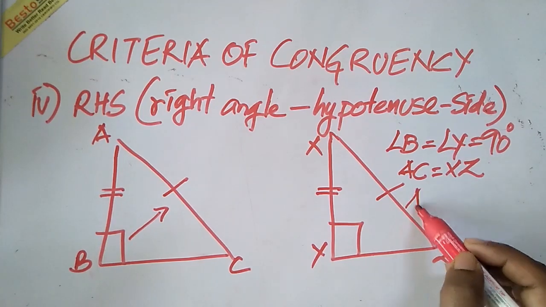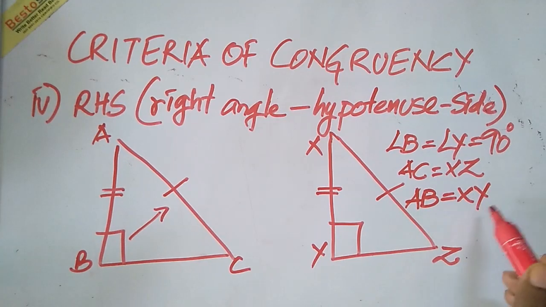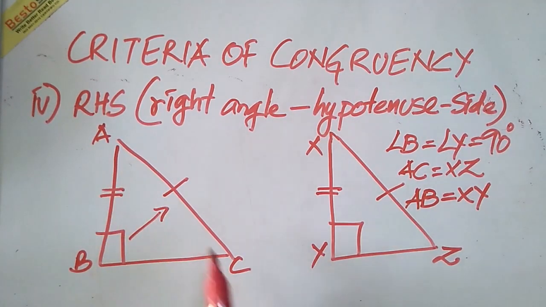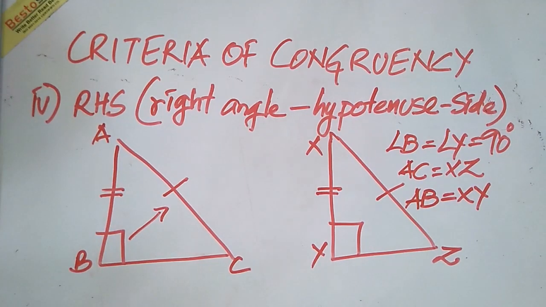So here we can write AB is equal to XY. What's the reason? Corresponding sides. And what's the reason for AC and XZ? These are corresponding hypotenuse. And what's the reason for angle B and angle Y? These are corresponding right angle, that is 90 degree.